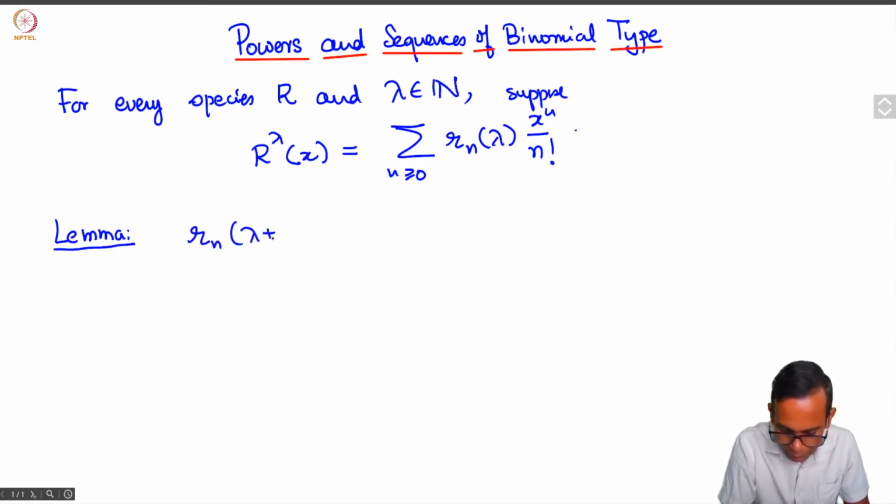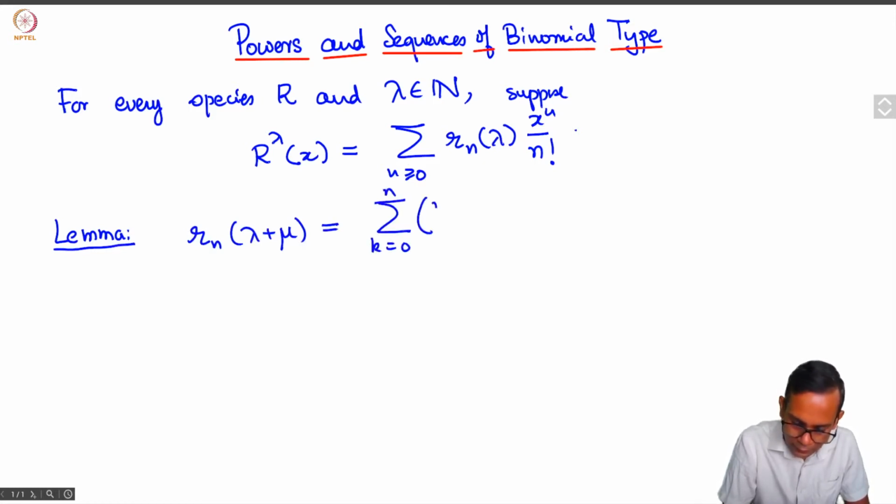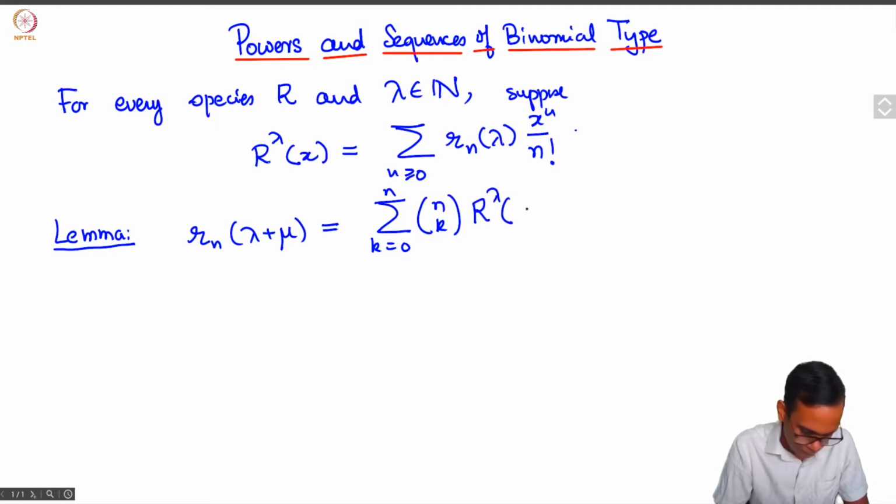Rn of lambda plus mu is the sum, k goes from 0 to n, n choose k, Rk lambda, Rn minus k mu.